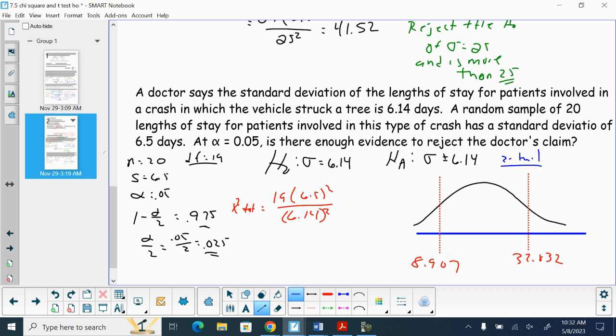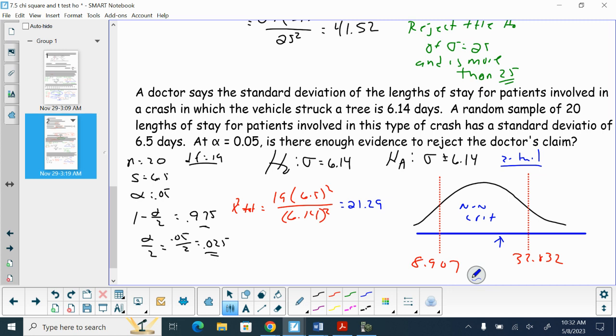What do we get for a test value? Mike, what do we get? Anybody get a test value? Grayson? 21.229, which throws us into the non-critical region.